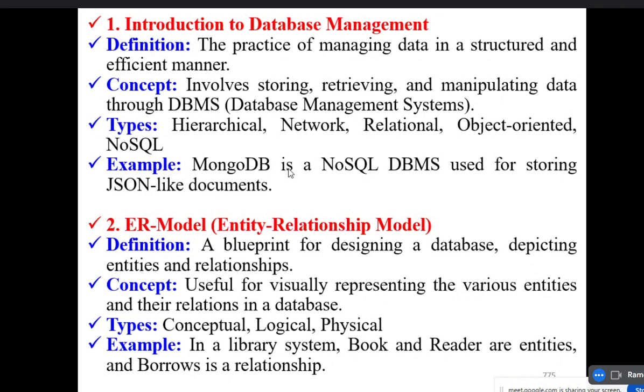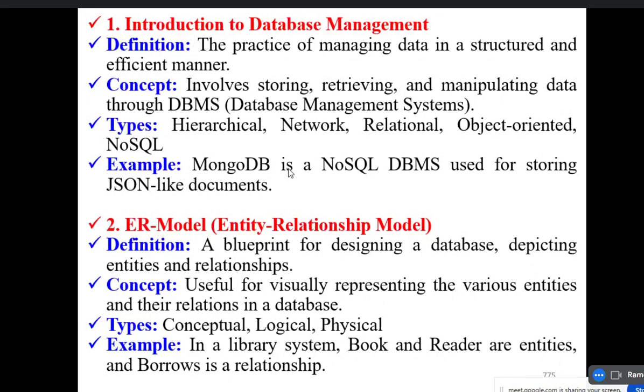Then what is meant by ER model? ER model is nothing but entity relationship model. Attribute is a characteristic of an entity, and a relationship model says there is a relationship between two entities.